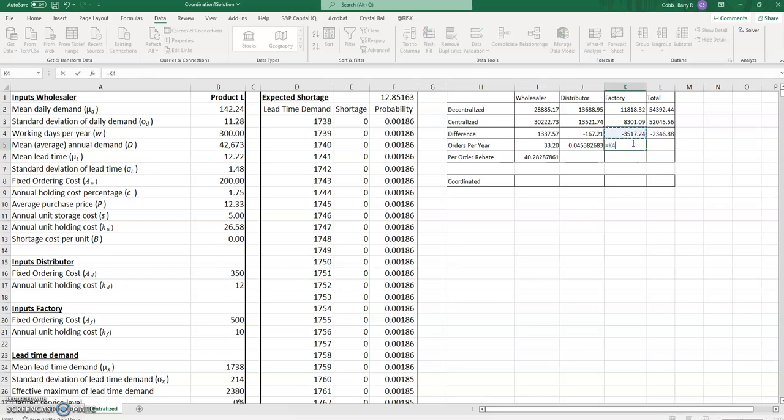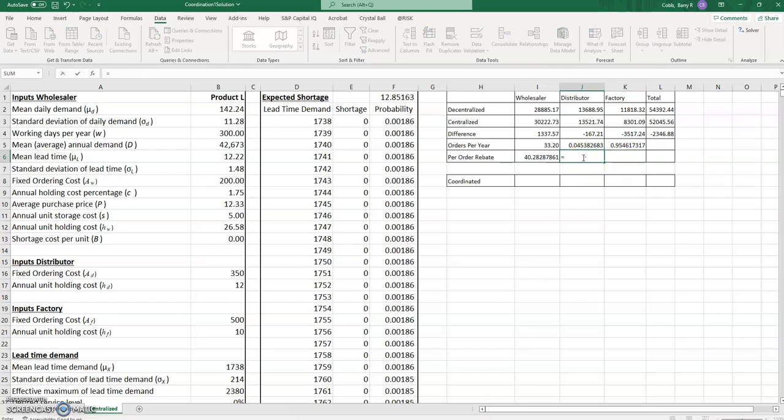We do the same for the factory. We take the factory's reduction in cost divided by the total reduction for those two parties. These two percentages should add up to 100%, and they do.